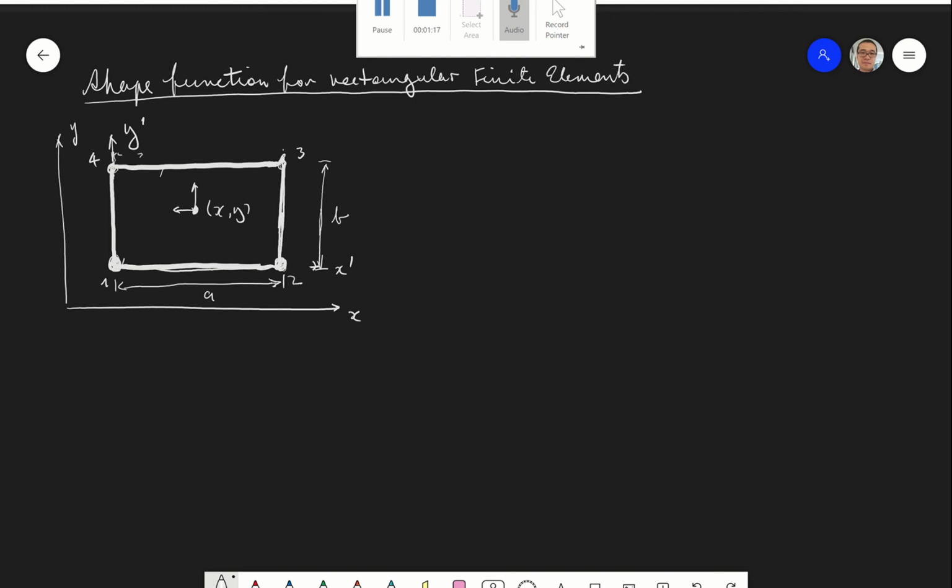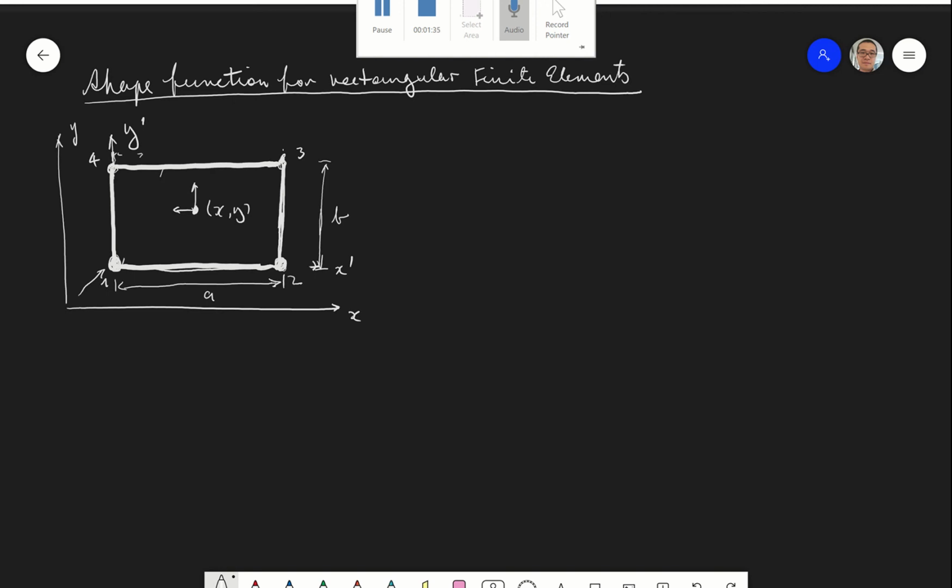Okay. Now to simplify the math a little bit further, rather than work in the global frame x and y, what we can do is shift this frame to the position where node 1 is.